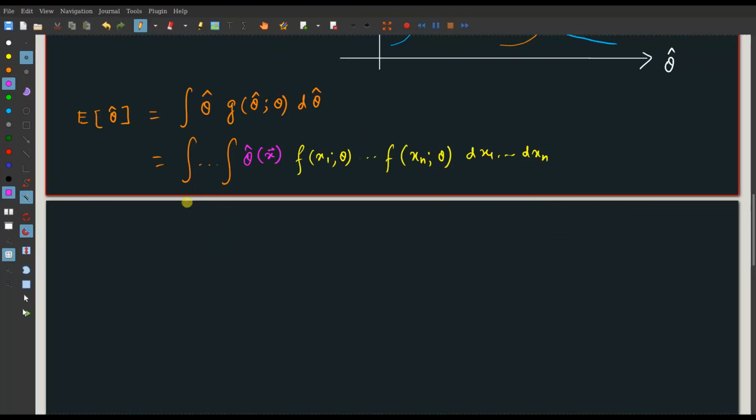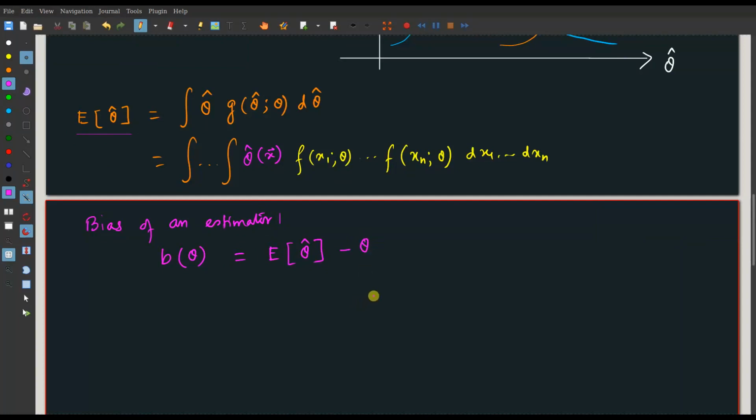Now when you know this expectation value, then you can define something called the bias of an estimator. The bias of an estimator is denoted by b, which of course can in general depend on theta, so I will call b a function of theta, and it will be the expectation value of theta hat minus theta.